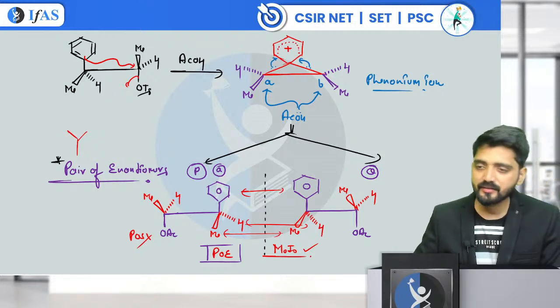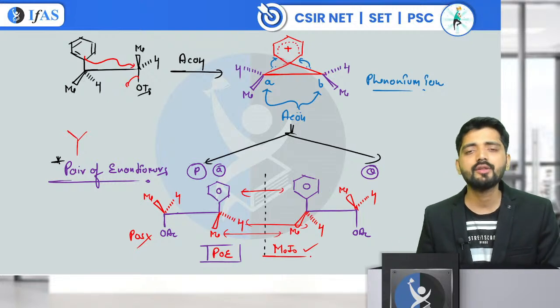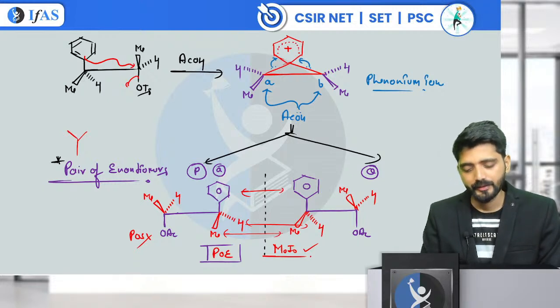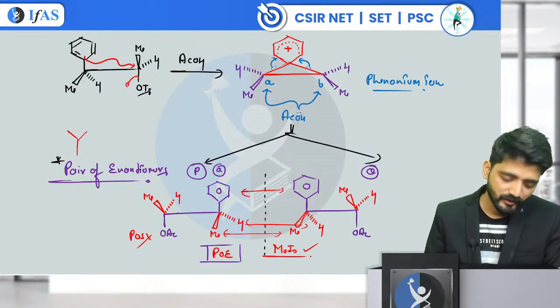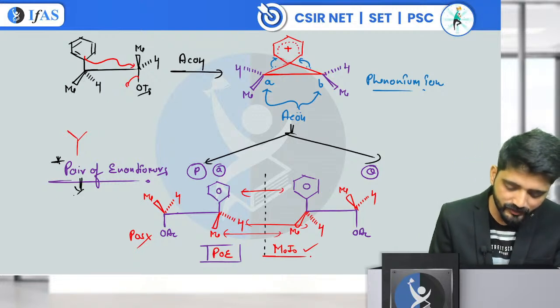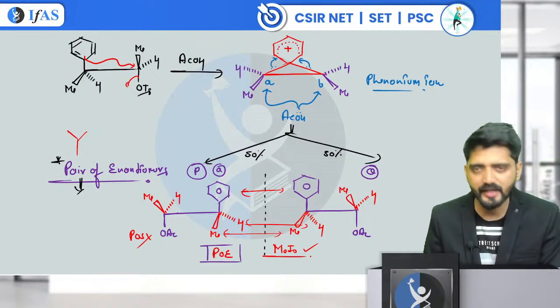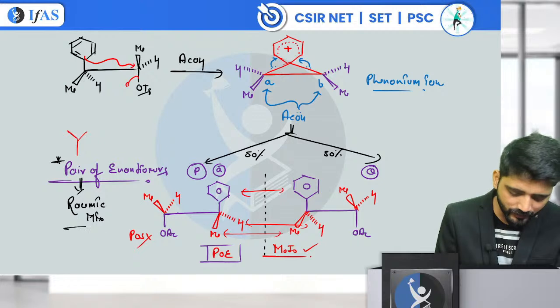Now what if I ask you what will be the final solution, whether it is going to be optically active or inactive? If it is a pair of enantiomers, then there is 50% chance to attack at the A center and 50% chance to attack at the B center. So if the two enantiomers are present in equal amounts, then of course they are going to form a racemic mixture.